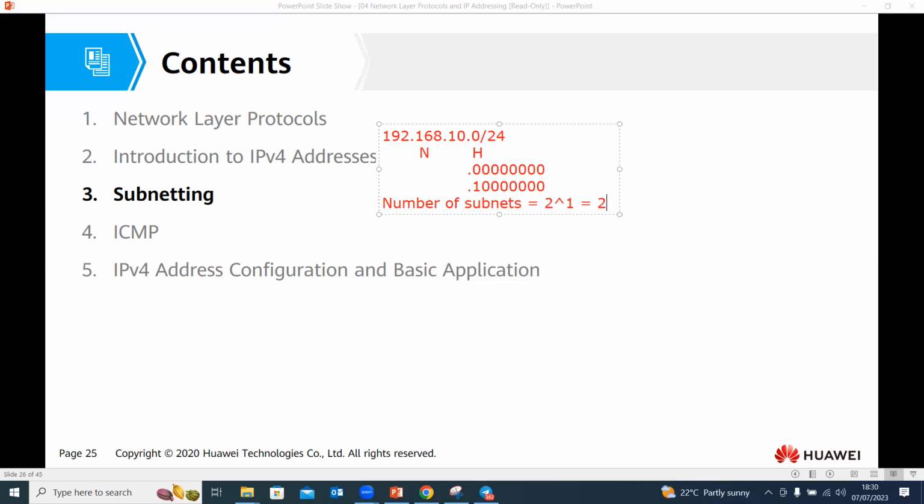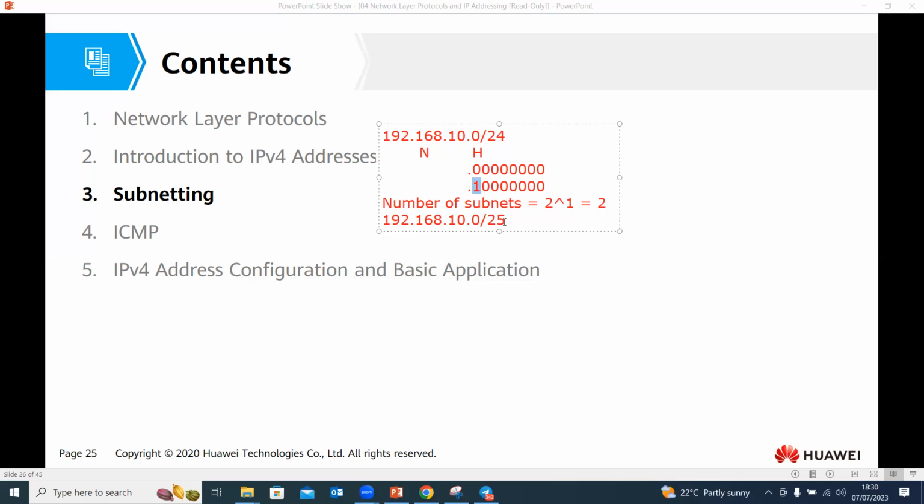Do you get the point, guys? We have 2 subnets by borrowing the bit, meaning the network now ceases to be a /24. It's going to change to 192.168.10.0/25 because of this additional bit.